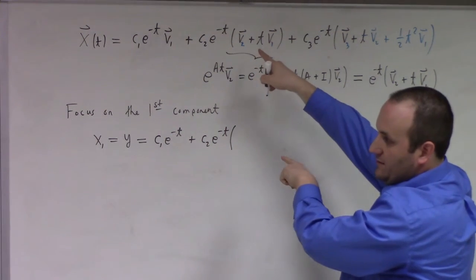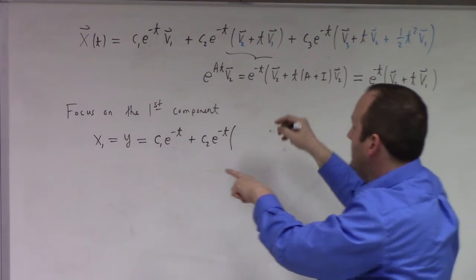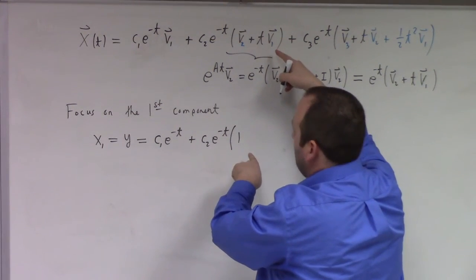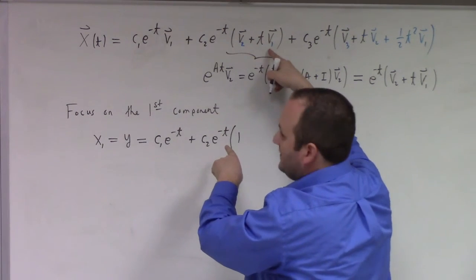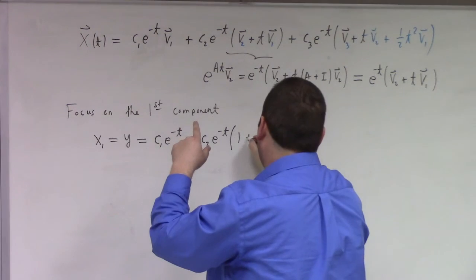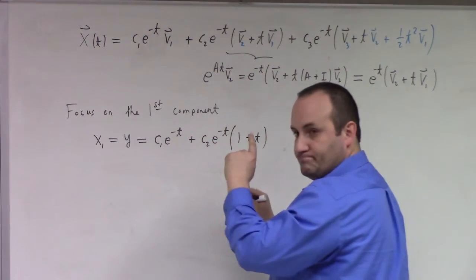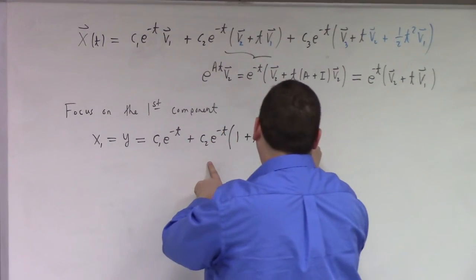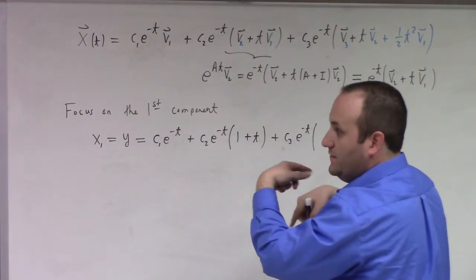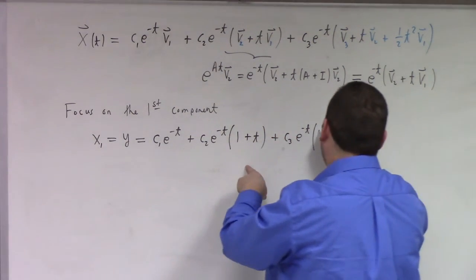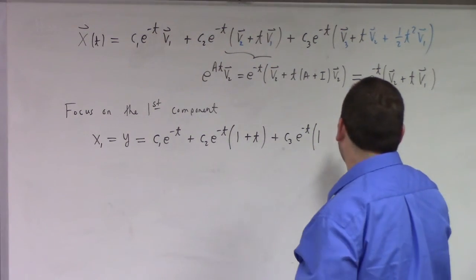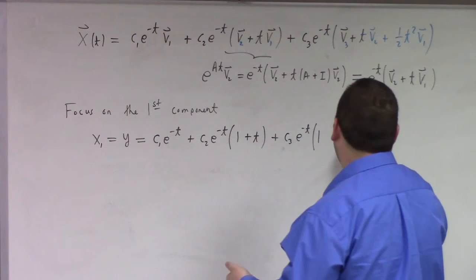What's the top component in v2? 1, all right. And then what? I have t times the top component in v1. What was v1? Oh, 1. Plus t, right? And then plus c3 e to the minus t. The top component in v3 was what? It was 1. The top component in v2 was what? Oh, they're all 1, aren't they? Sorry. That's a quirk of this example, that they're all 1.